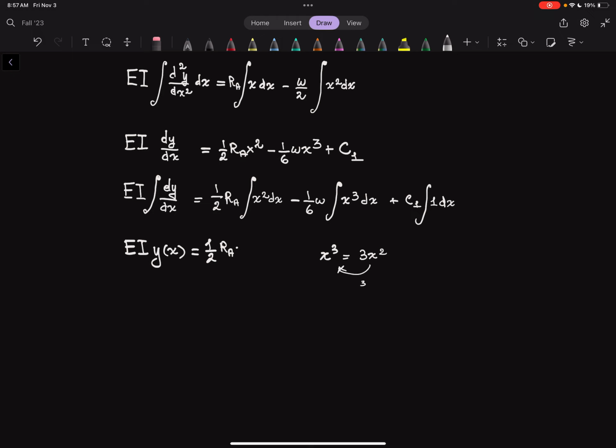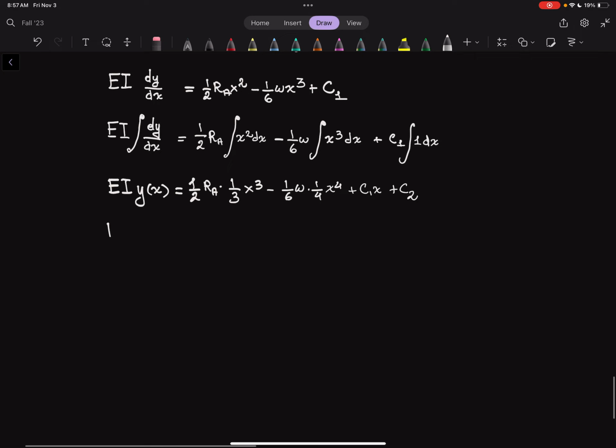I'm going to do 3 divided by 3 x to the third, right? So I'm going to have 1/3 x to the third, minus, the constants, I'll add them all up at the end, 1/6 W times 1/4 x to the fourth, and then we have plus C1 x plus C2. So let's simplify this expression a little bit.